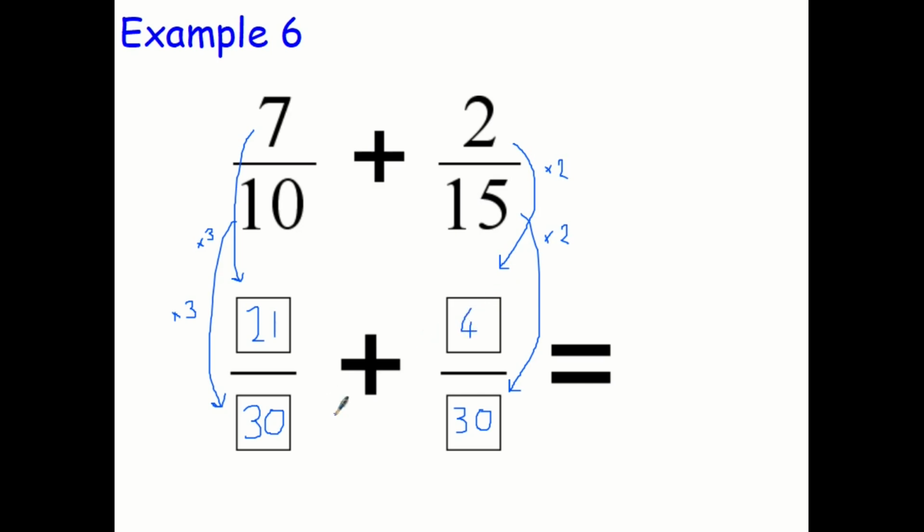And then I've got a common denominator of 30, so I can just add my numerators, and 21 plus 4 is 25. 25/30ths, and I could simplify that, but I'm just going to leave it at that for this example. 25/30ths.